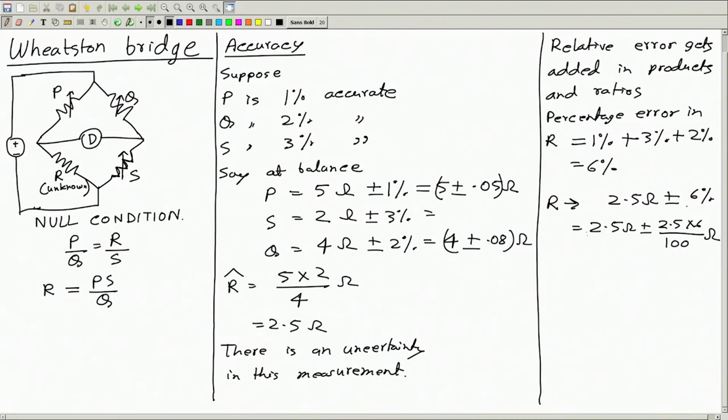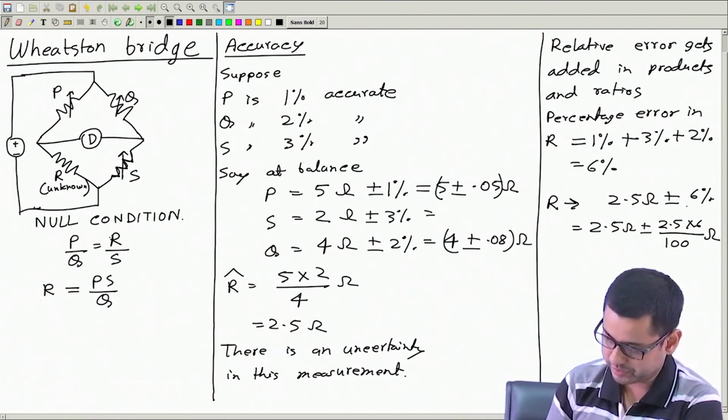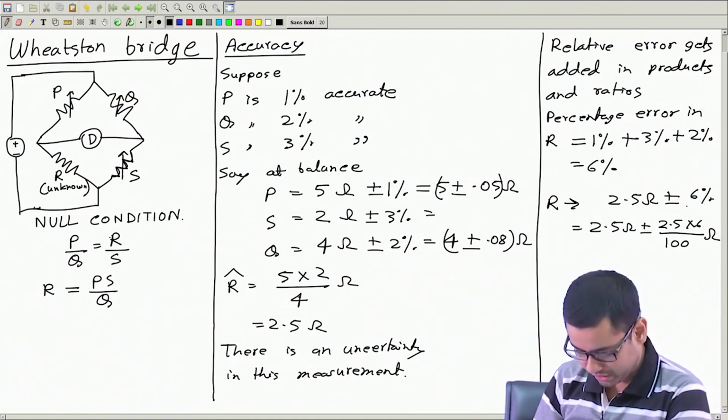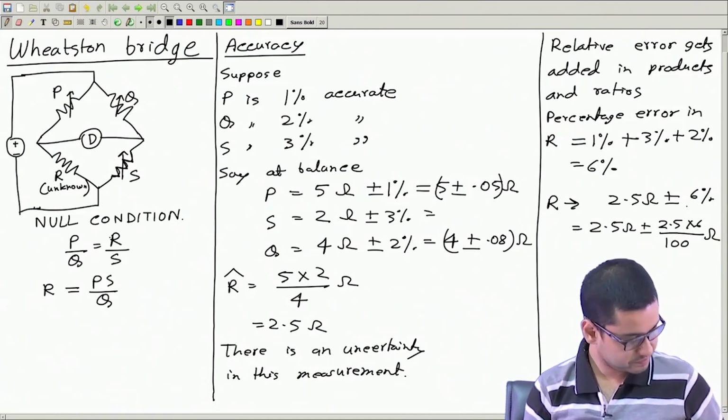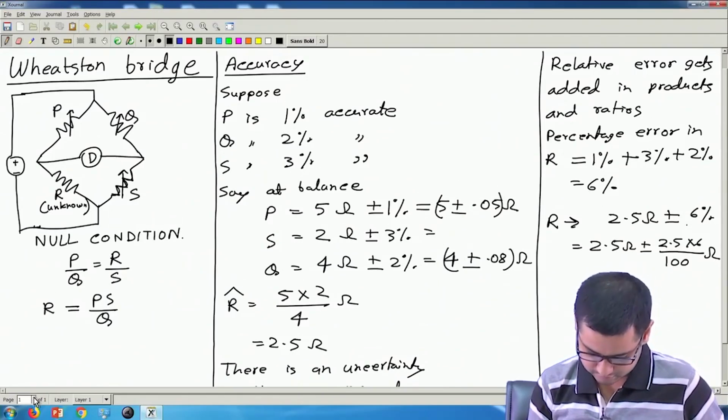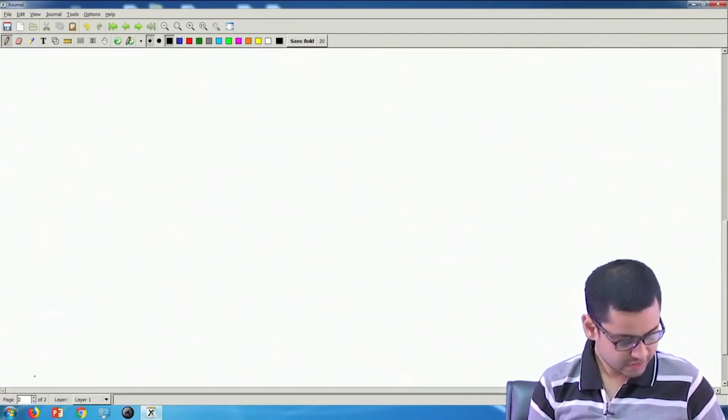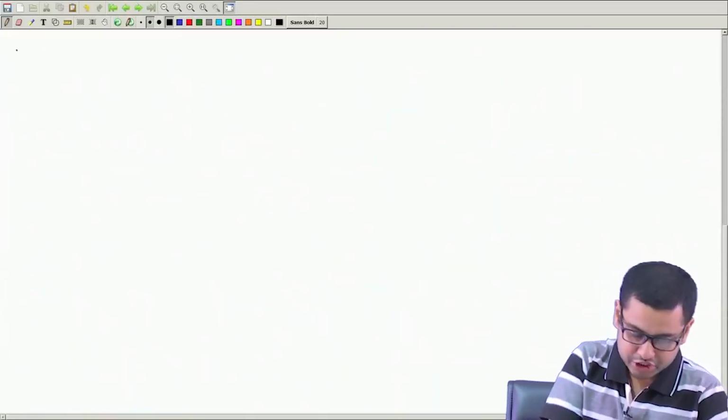It is not exactly 2.5, but it is somewhere near 2.5, within 6% deviation from this estimated value. So, this is about the accuracy of this measurement. Now let us talk about the resolution of measurement.